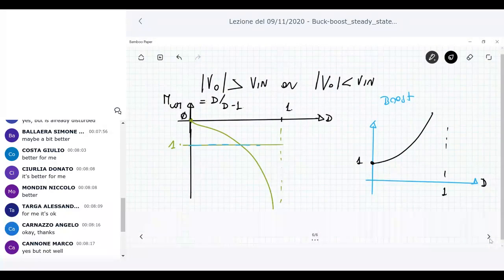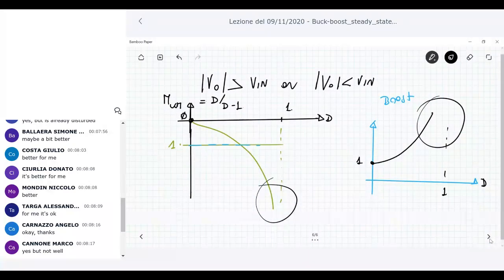The output value in absolute value is always greater than the input voltage. Here the curve starts from 0, so it means that you can have output voltage that can be in magnitude higher than V in or less than V in. In common, these two curves have the fact that when the duty cycle is 1, they diverge. Okay? In the boost, it goes to infinite. In the buck boost, it goes to minus infinite.